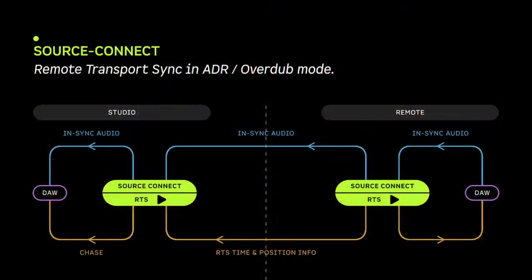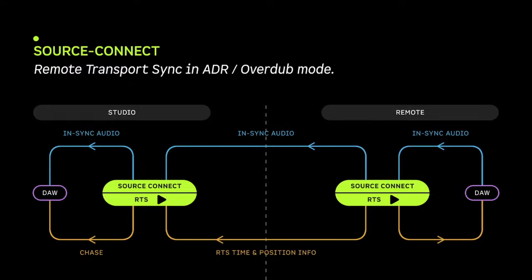Okay, so let's go back to, I believe it is this slide. Yep, this is the overdub mode slide. Showing that workflow. Right. So that's where the arrows are going to the left. What happens is the play button is pressed in the RTS panel of Source Connect, and that puts the talent into play first.